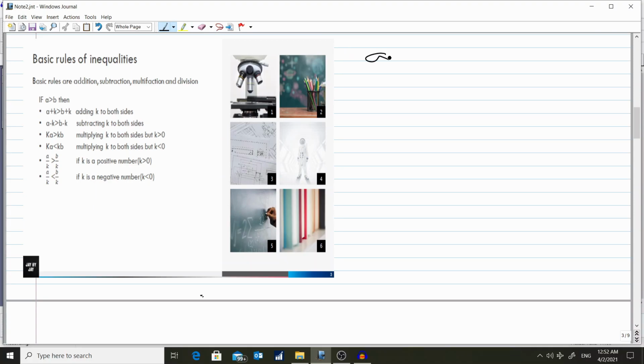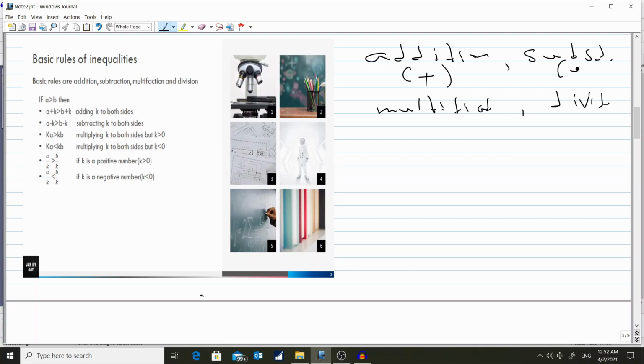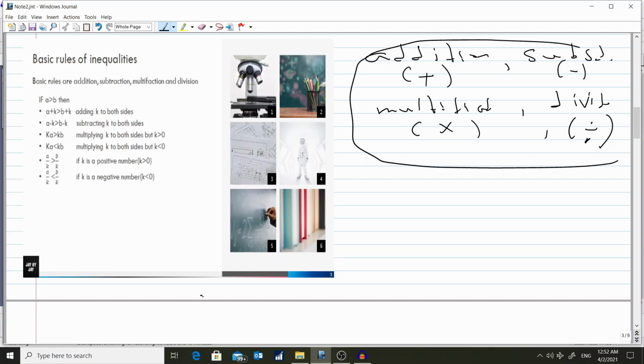These are addition, subtraction, multiplication and division, right? So in inequalities also we are discussing these four types of basic rules.